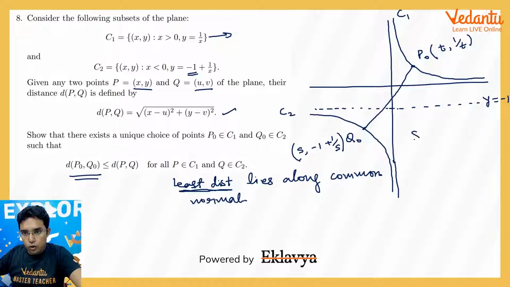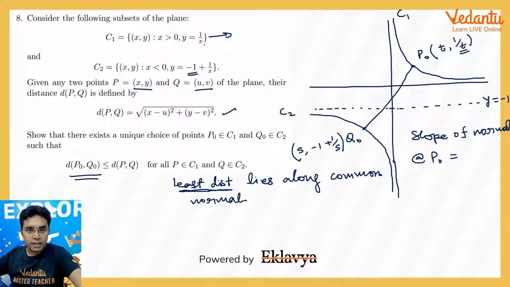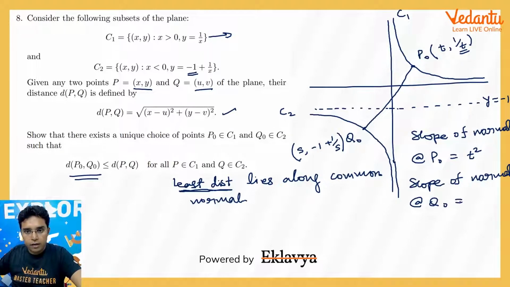The slope of the normal at P naught: you can check, differentiating with respect to x we get minus 1 upon x square, and because we are talking about the slope of the normal, it is minus 1 upon the slope of the tangent, so we get t square. Easy thing, it can be done directly. Similarly, the slope of the normal at Q naught will be s square.